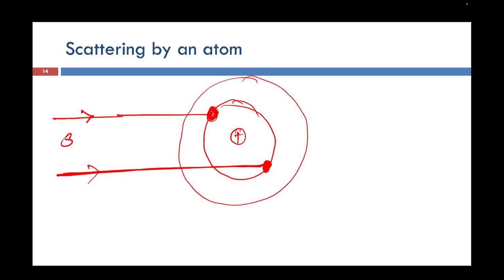The vector that I am taking here is, let's say, S0, the incident beam vector, and these are the electrons. There are two chances.